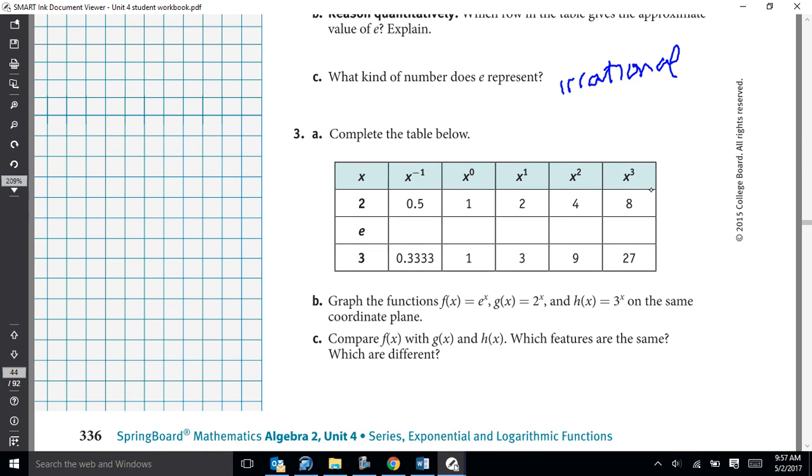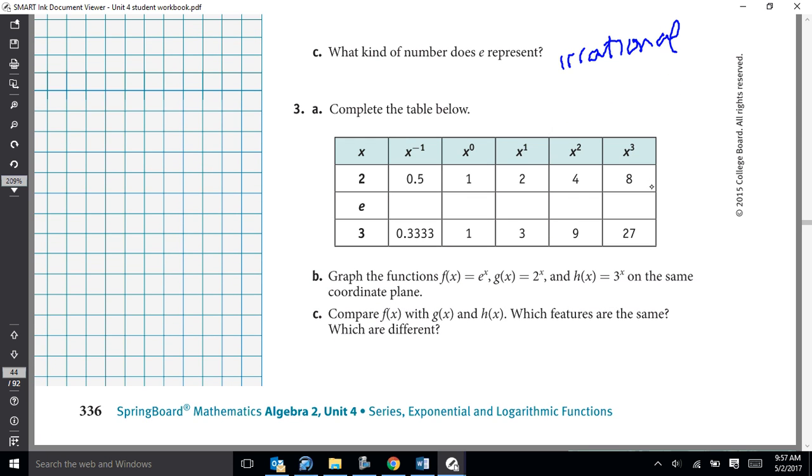Alright, so complete the table below, so this is everything that you guys just did, plus some. So if you do E to the -1, what's that? This one, for squared? I thought it was 7 point something. No, it's 3, because it went 0, 1, 2, 3.